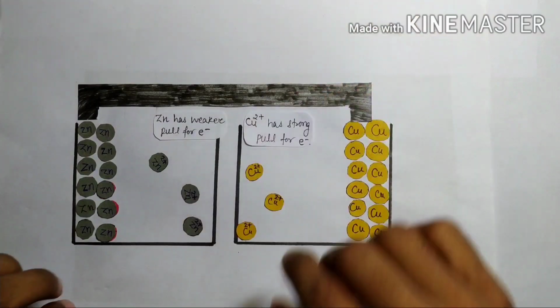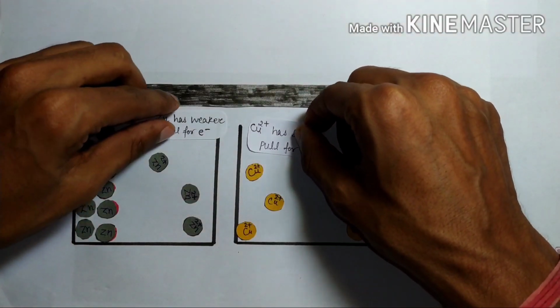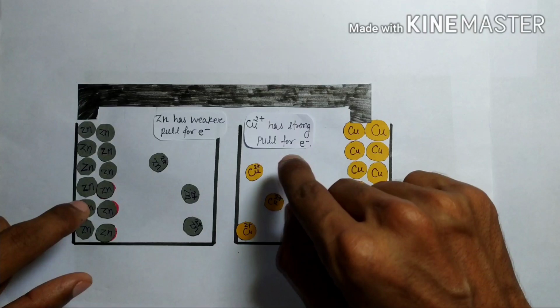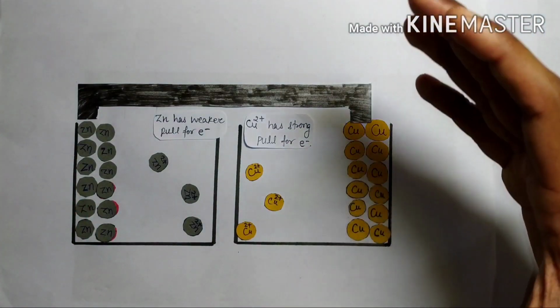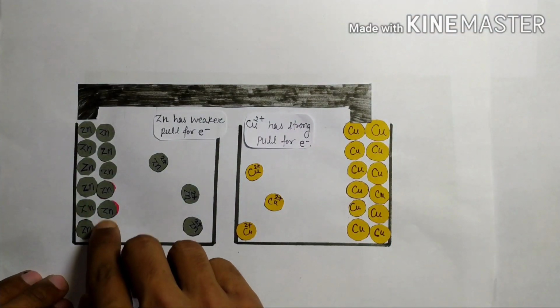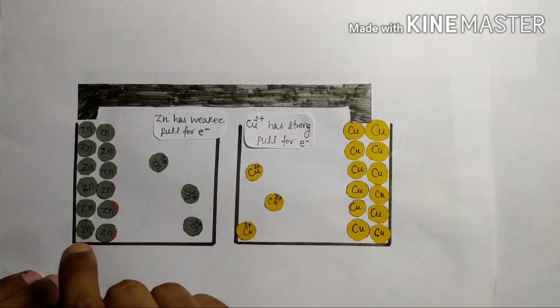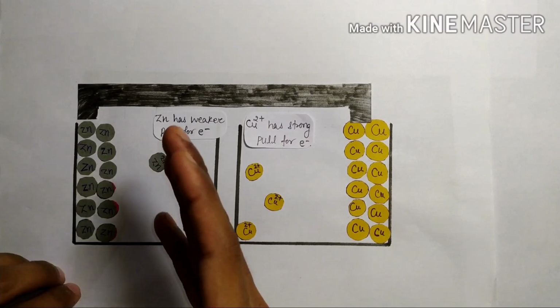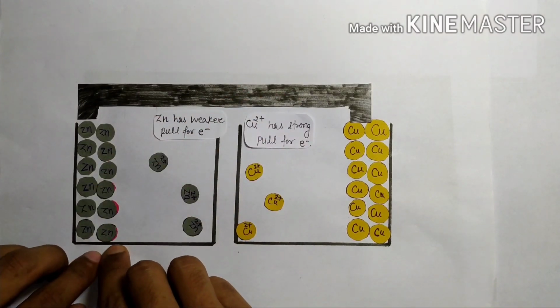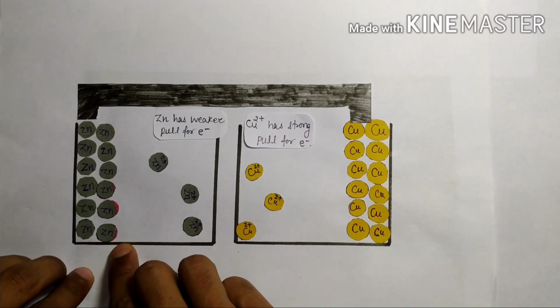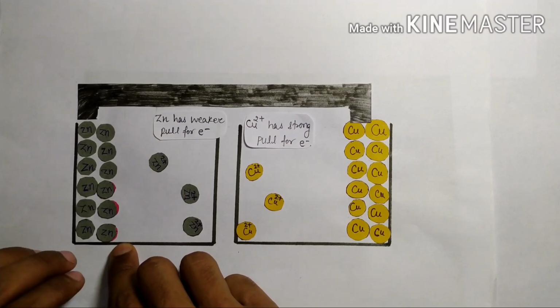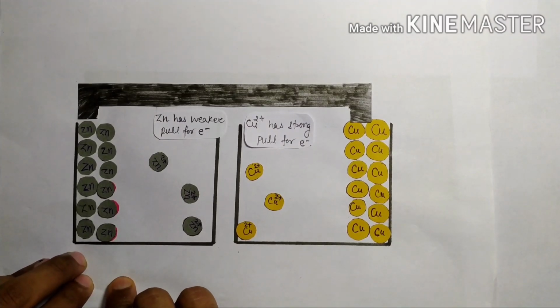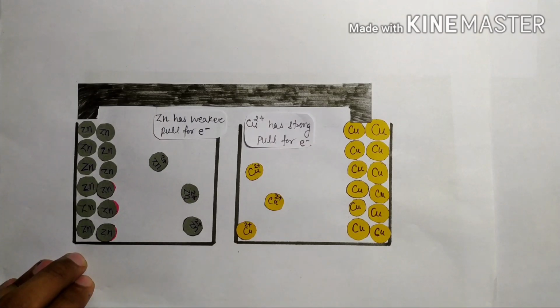So what will happen now? We know the zinc has a weaker pull for electrons, and Cu2+ has a stronger pull. Let's see what happens next. First of all, this is the zinc here. Zinc will lose 2 electrons, and after losing the 2 electrons, it will become Zn2+. Now, how does this happen?